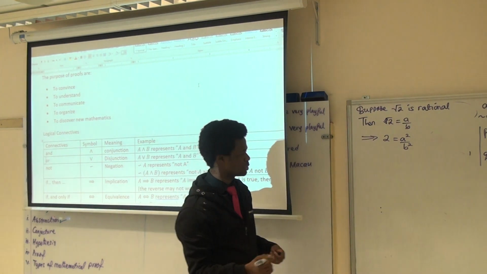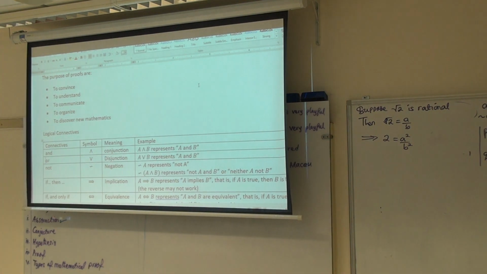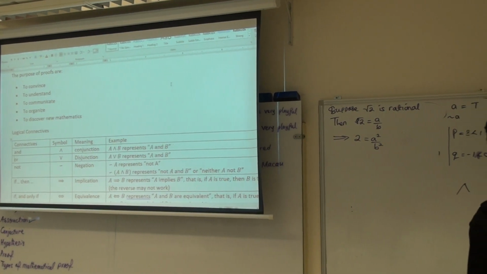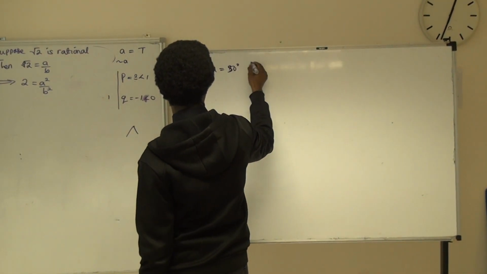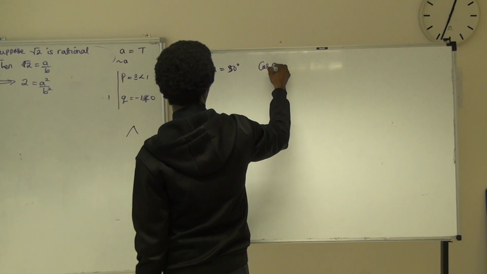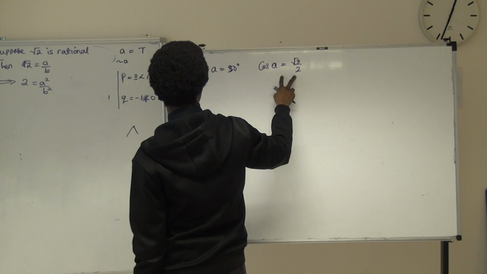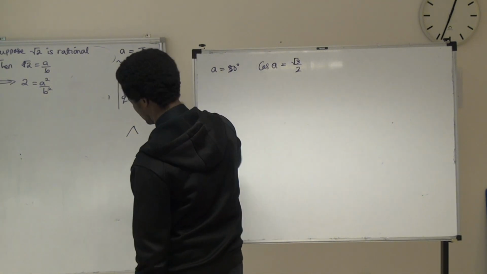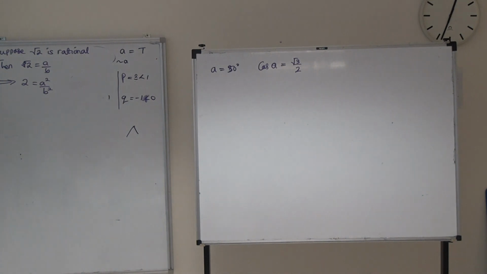Okay? You might have something like, I'm trying to see where you can have, okay, if A equals maybe 30 degrees, cos A will be root 3 over 2. But if cos A is root 3 over 2, that will also imply this one. Okay, then that's not the one I'm looking for. I'm looking for something where one implies the other, but the other one does not imply it. Okay, let's see.